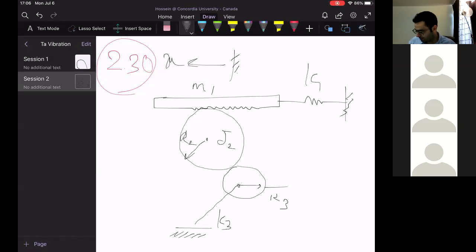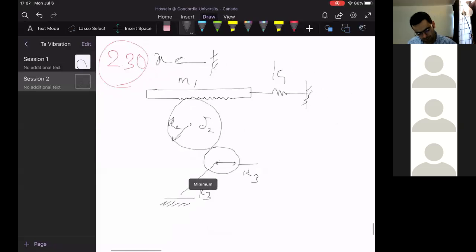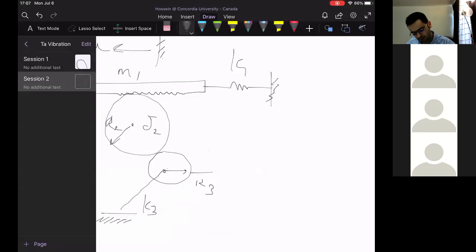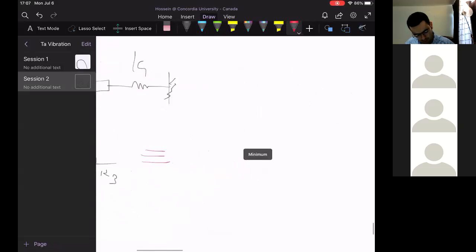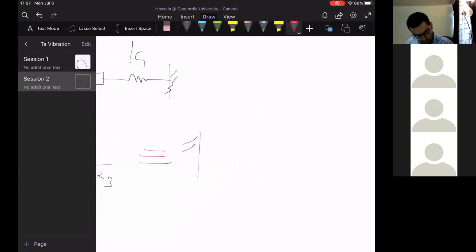So for the purposes of analysis, it is desired to reduce the system to a simple linear spring mass system of effective mass M effective and effective stiffness. For the sake of simplicity, as I told you, we usually simplify any complex problem to a very simple mass spring system.